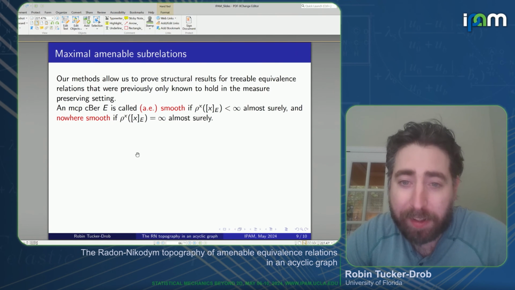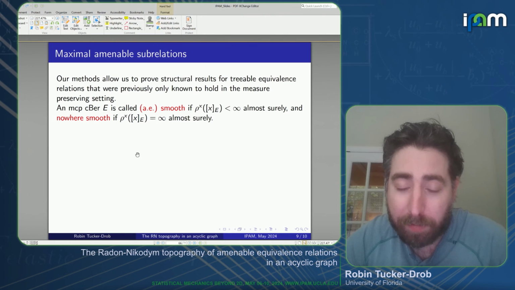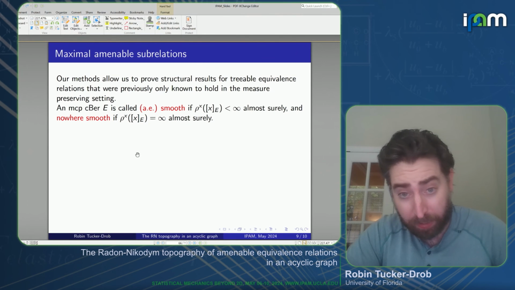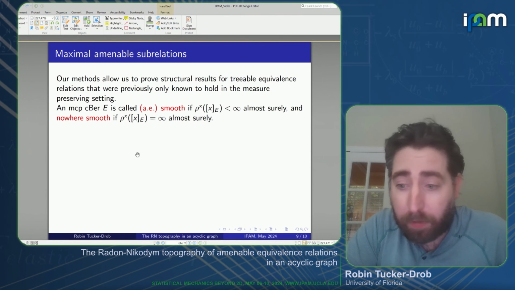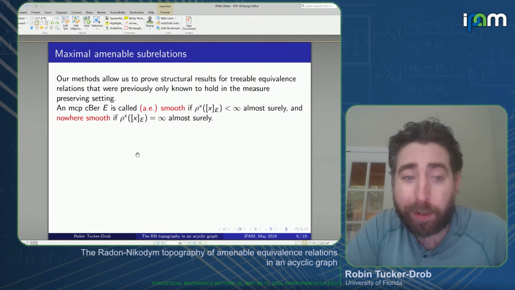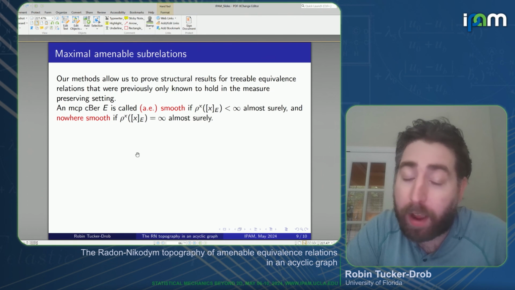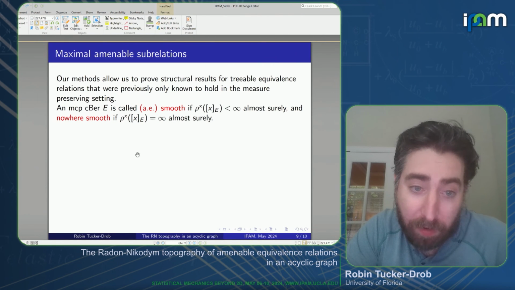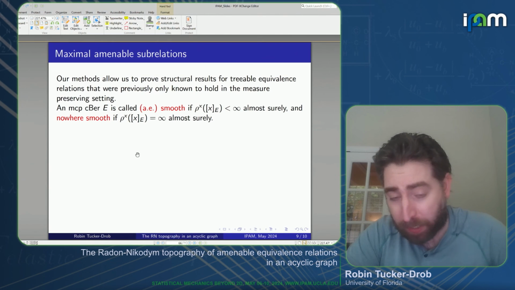So it's just how much does x think that its equivalence class weighs, meaning the sum over all y in the equivalence class of x of rho x of y. It's smooth if this is finite, almost surely, and nowhere smooth if almost surely the equivalence classes are cocycle infinite.